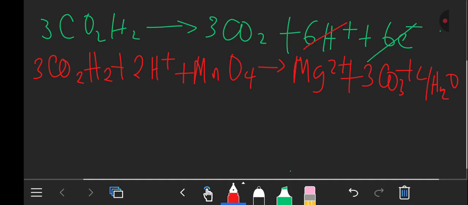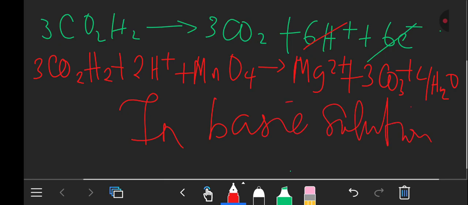So now, how can you finish up this reaction? Okay, so we have 2 hydrogen ions on the reactant side. The only thing we need to do here is to add hydroxide ions on both sides of the reaction, because we are balancing this in basic solution.